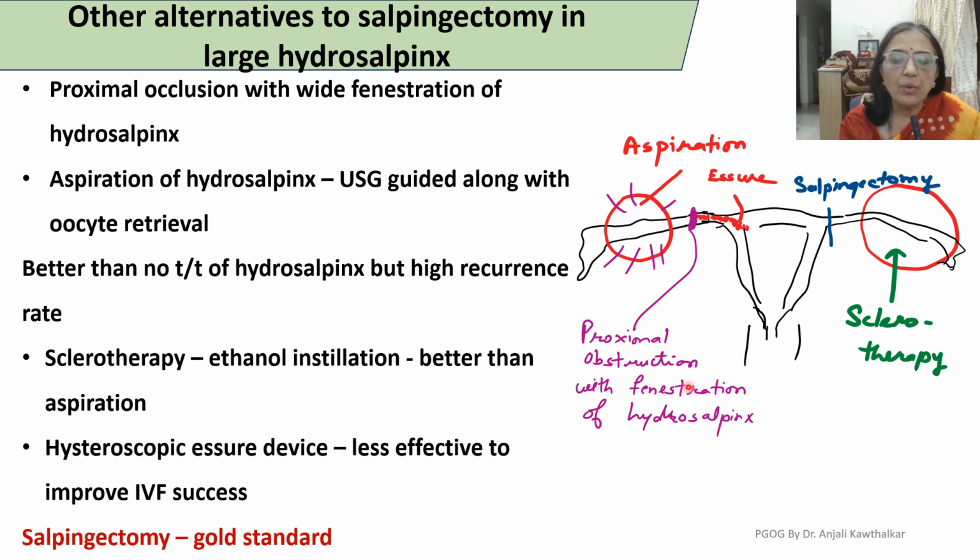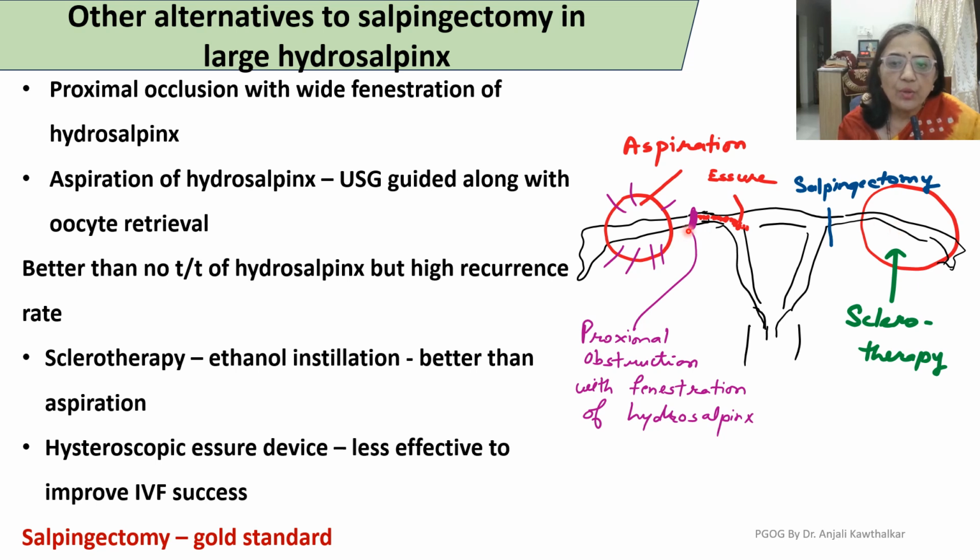So if we compare all these procedures, salpingectomy is the gold standard. Best is salpingectomy whenever there is a poor prognosis distal tubal disease with a large hydrosalpinx. But if there are dense adhesions and it is not safe to do the salpingectomy, among the other alternatives, the next effective one is sclerotherapy, which improves the IVF success rate.